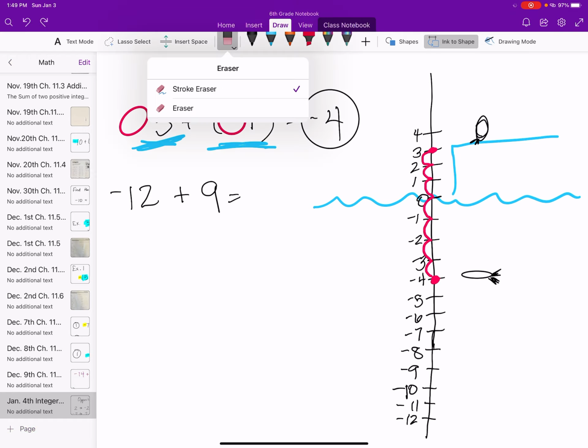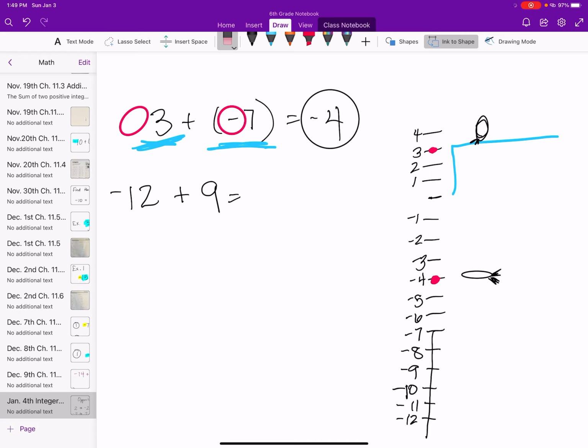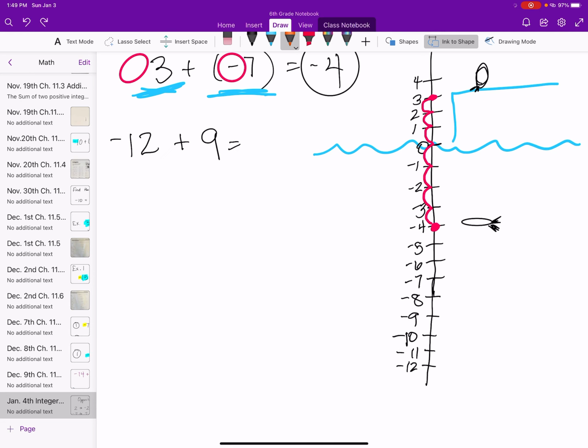That didn't work. It's still not working. Okay, we might just have to leave that. I'll do it in a different color. We're starting at negative 12 on our number line, and we're adding 9 to it. Adding, we have an addition sign or a positive sign right in front of our next number, means we're going up. So we're going to go up 9 places. 1, 2, 3, 4, 5, 6, 7, 8, 9, and we land on negative 3. So negative 3 is our answer.